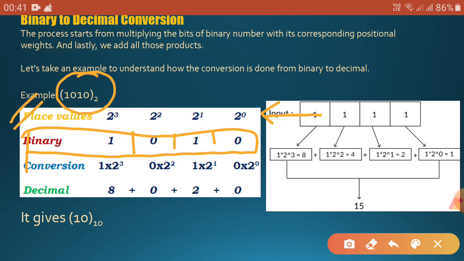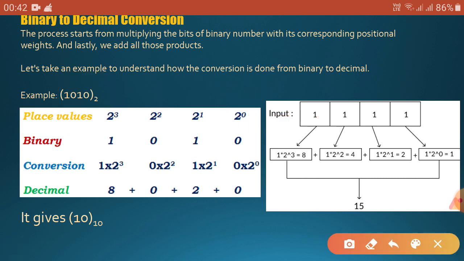Starting from one side, it is 2 to the power 0, then 2 to the power 1, then 2 to the power 2, then 2 to the power 3 and so on, increasing the power by 1. This is for the binary number system.